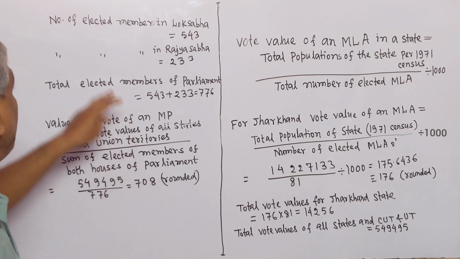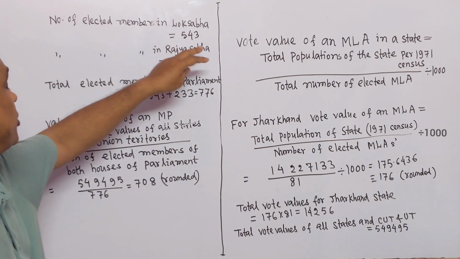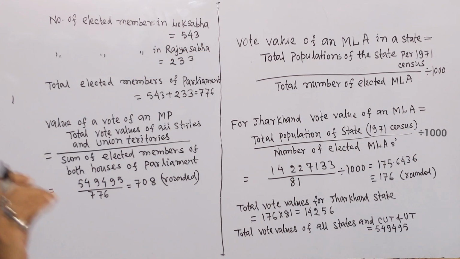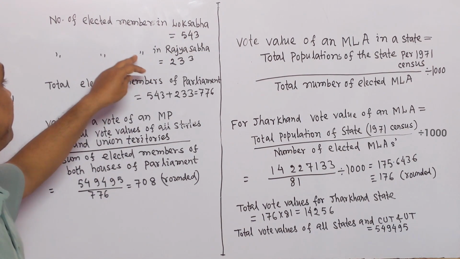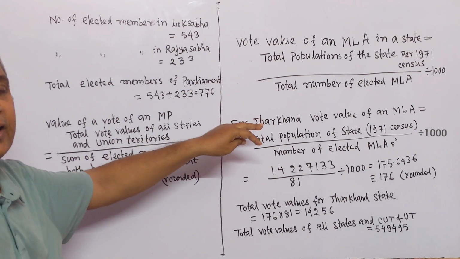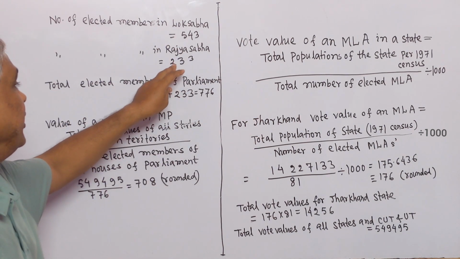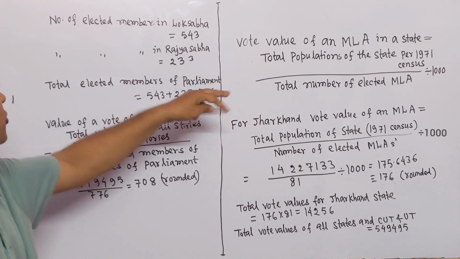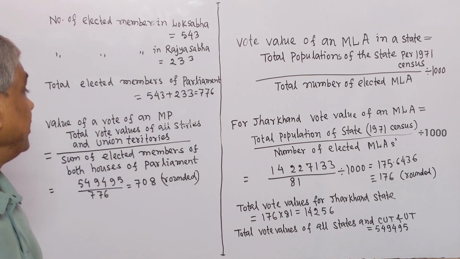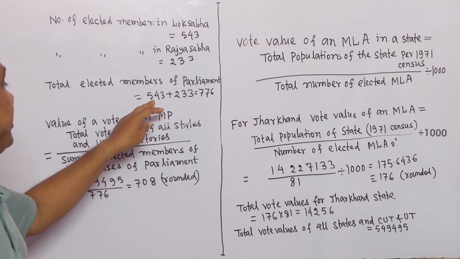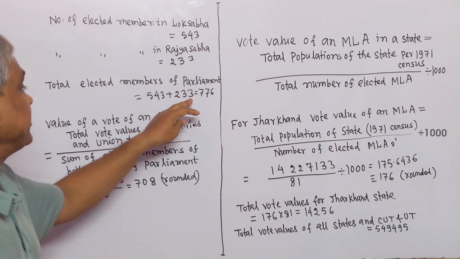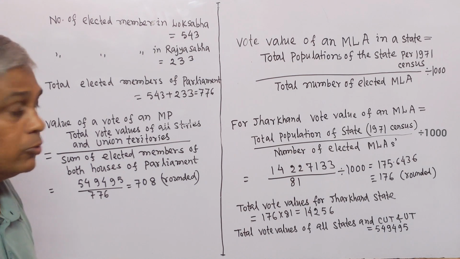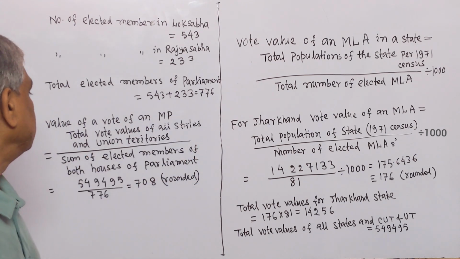Since number of elected members in Lok Sabha equals 543, number of elected members in Rajya Sabha equals 233, total elected members of parliament equals 543 plus 233 equals 776.